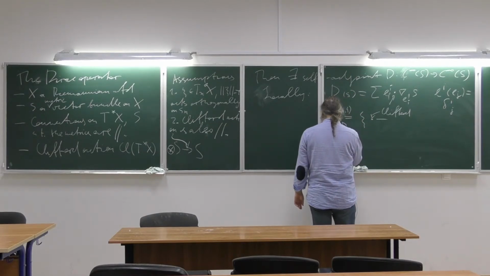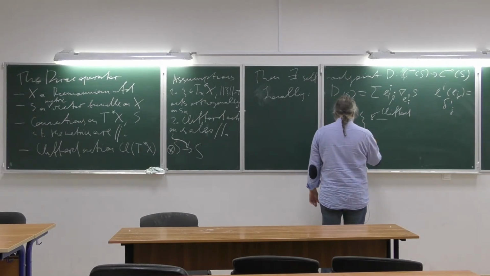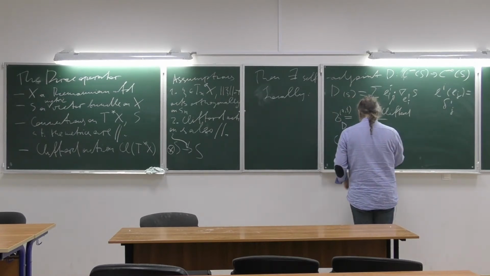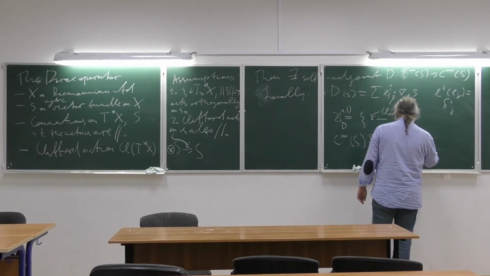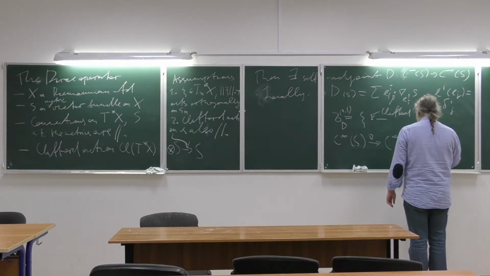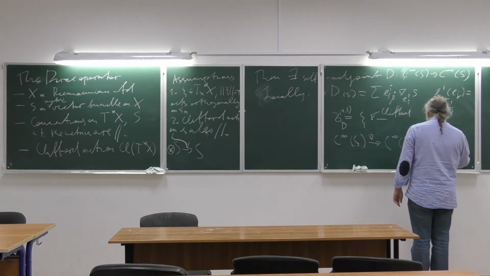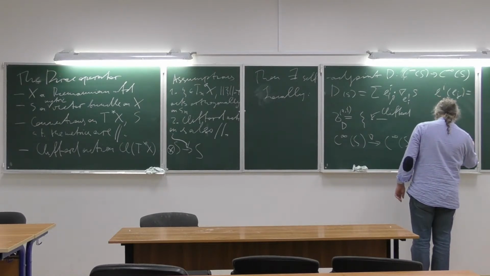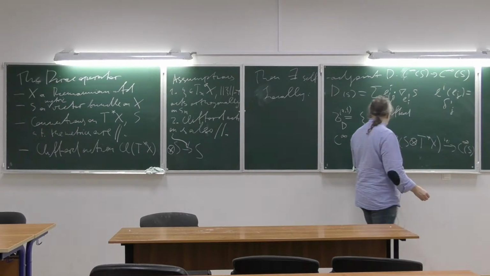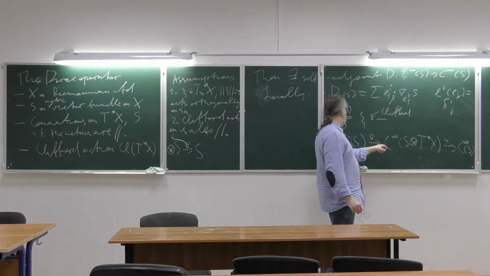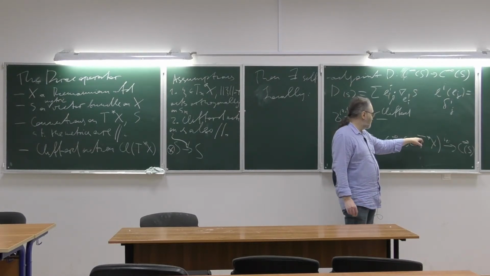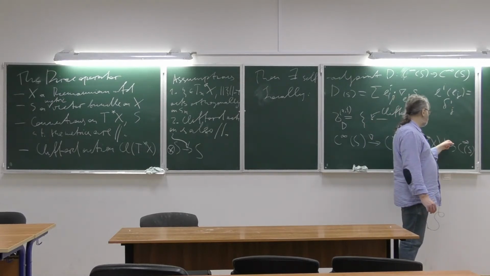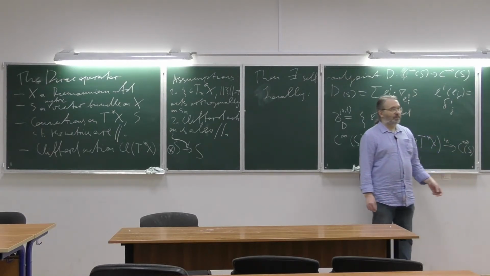We have the sections of S, and they go to the sections of S tensor the cotangent bundle, and then I substitute e_i in this place, and I get a section of S again.